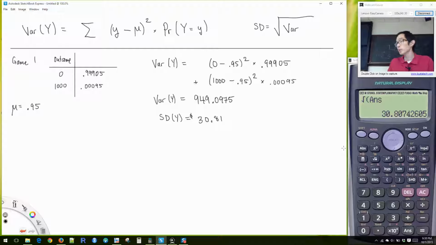And the nice thing about the standard deviation is that the units are the same as your random variable. So in this case, it would be a standard deviation of $30.81.